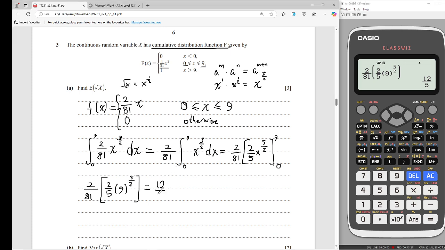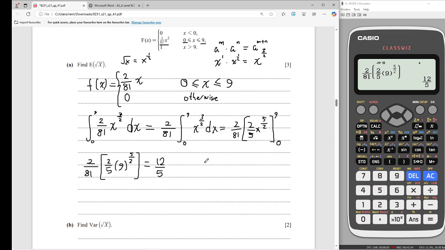We can put it in fractional form, but whenever we're finding E root x or any kind of variance or anything, they expect decimal form. So let's write E root x is equal to 2.4. Yeah, it's 2.4.